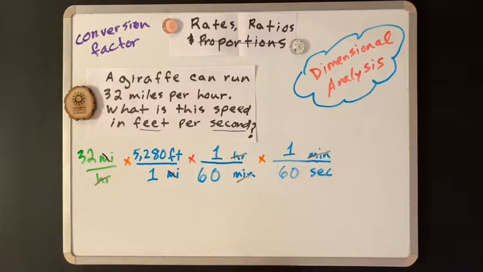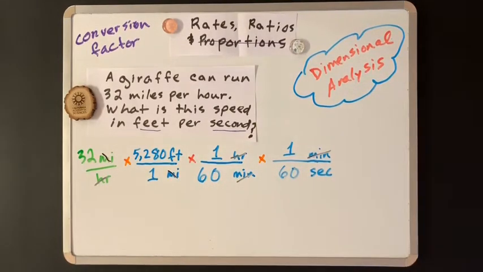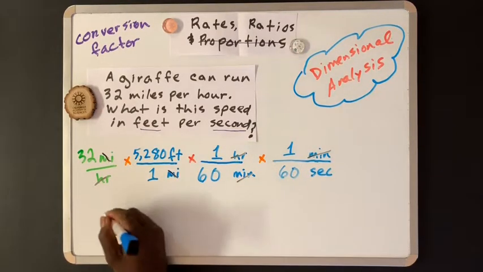Now it's time to do the math. So pull out your handy dandy calculator here. I got mine ready. And we're going to use that calculator to multiply some numbers. And these are fractions, so it's numerator times numerator, right? So let's go.